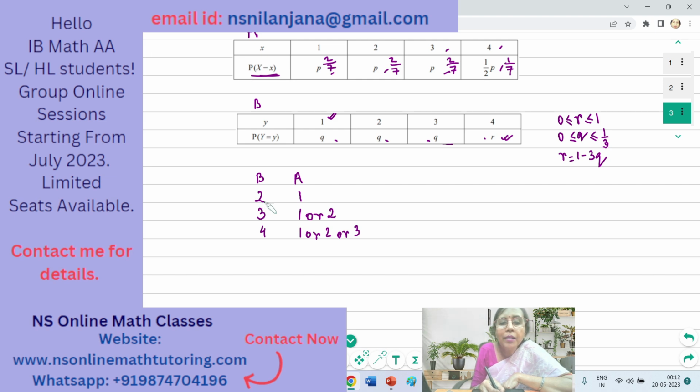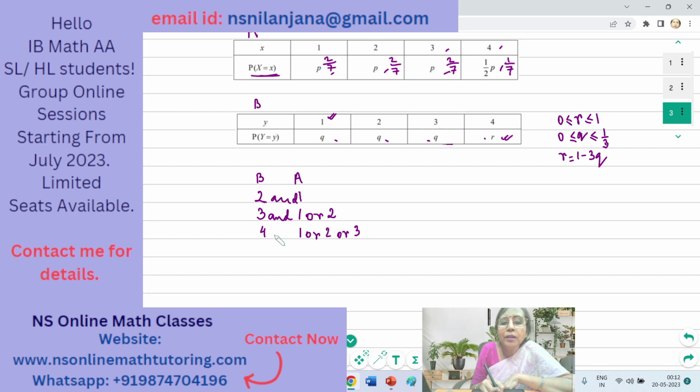Now coming to the probabilities. This is Barbara scoring a 2 and Agnes scoring 1. This one is Barbara scoring 3 and Agnes scoring 1 or 2.